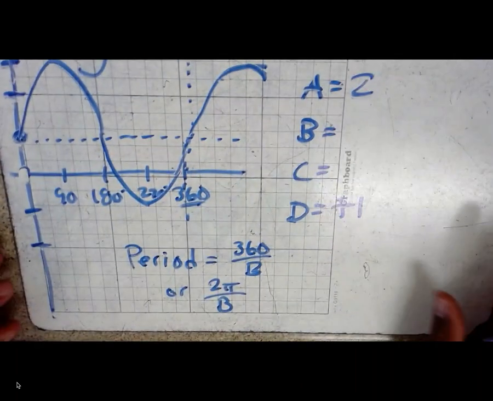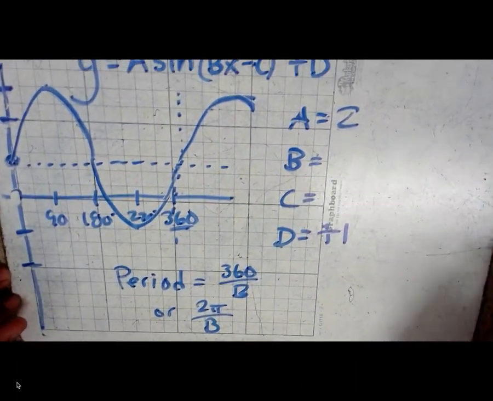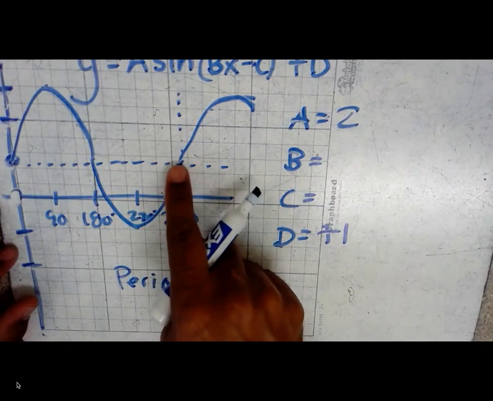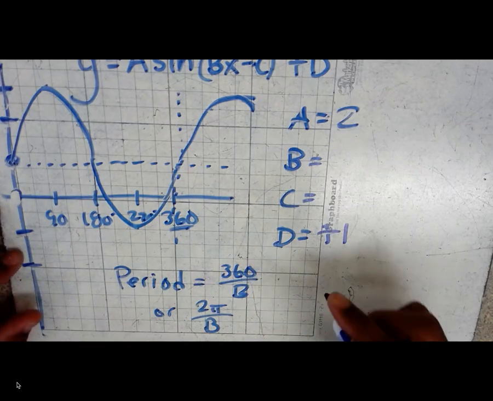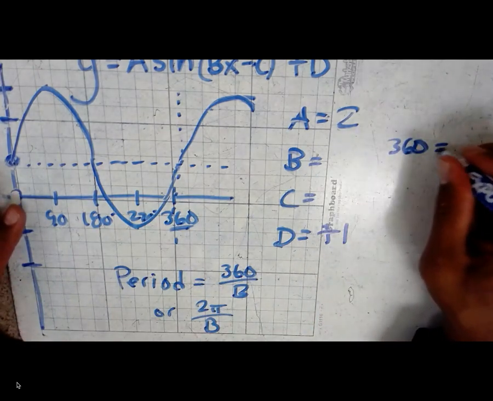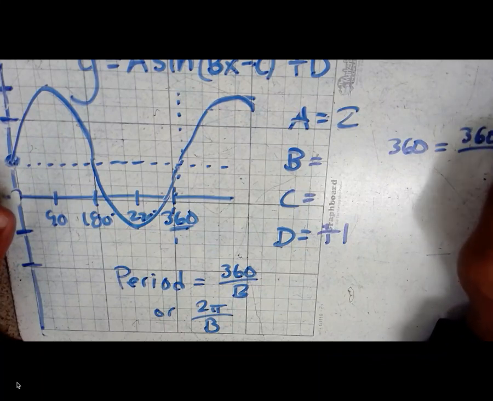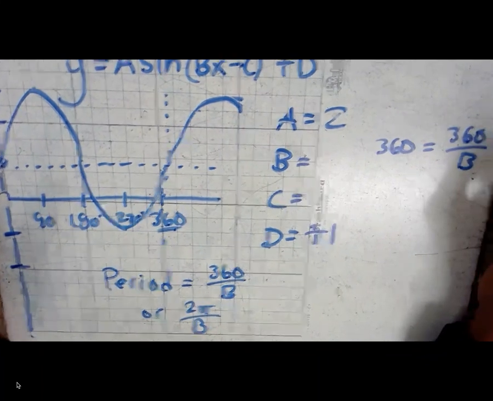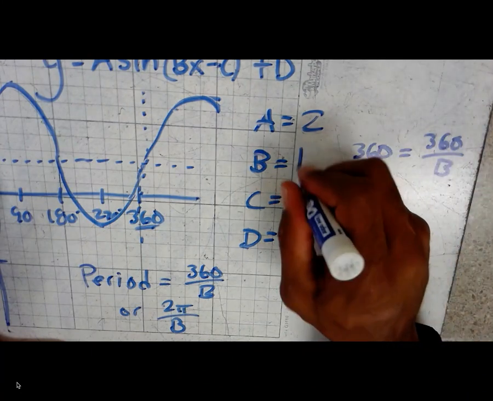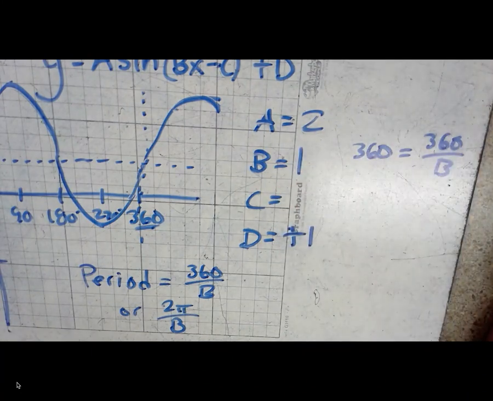So basically, I already know that the period is 360 degrees, right? So I'm going to set up an equation to find the B. So 360 degrees is equal to 360 divided by whatever the B is. Now, if you think about it, what number would you divide 360 by to get 360? Well, that's just 1. So the B is just 1.